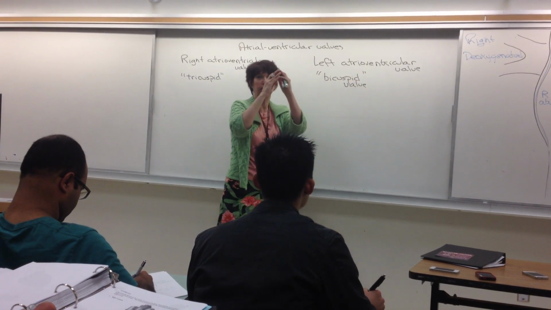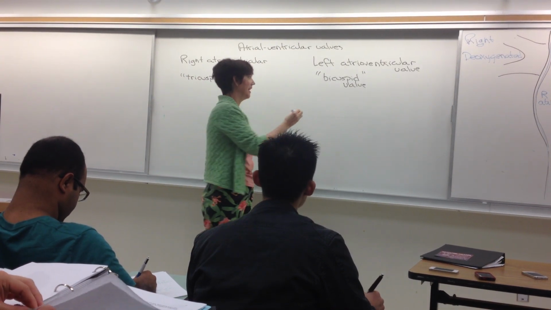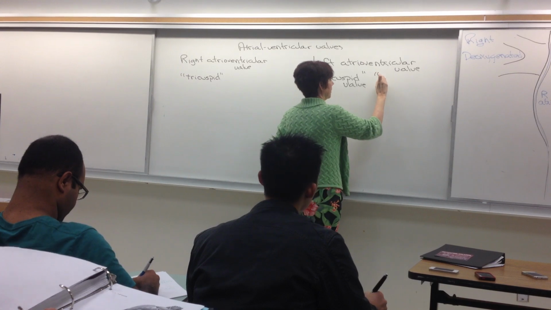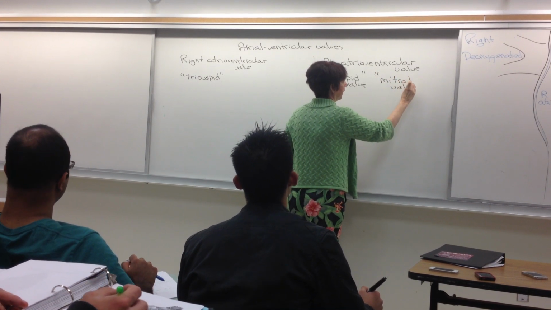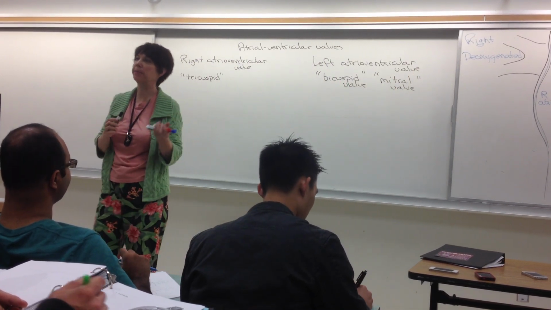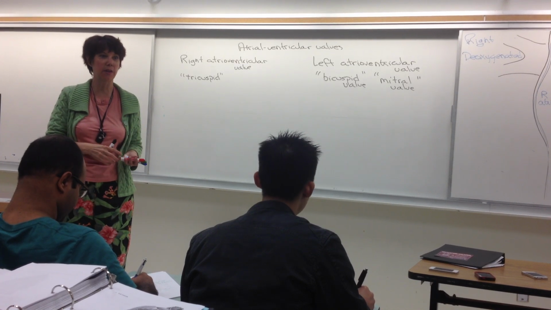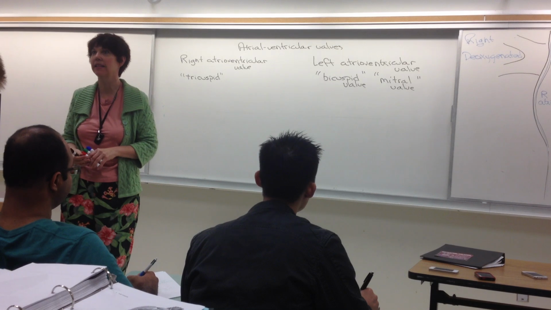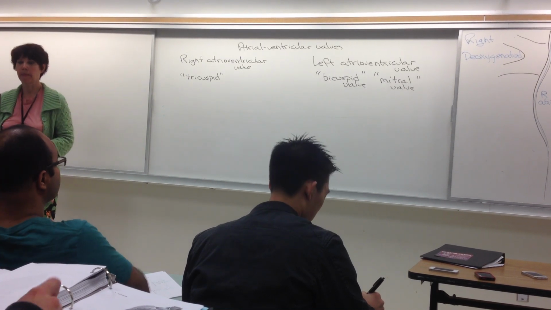Or those two leaflets reminded somebody of a Catholic bishop's mitre, and so the other term is mitral valve. But the reason I put that up there is clinically, you'll see the term mitral valve used in mitral stenosis or mitral valve replacement, and that's more common than left atrioventricular valve.